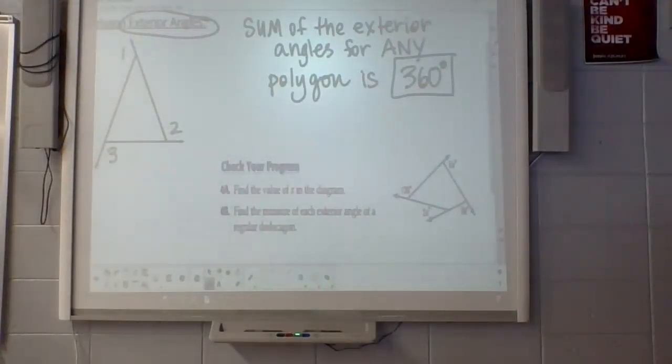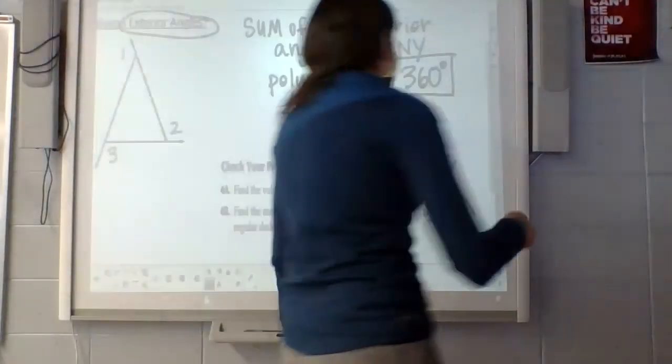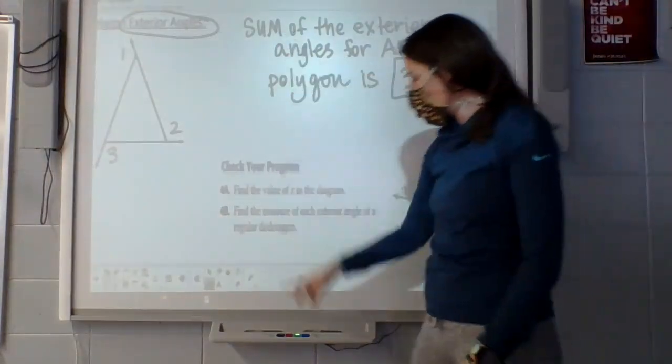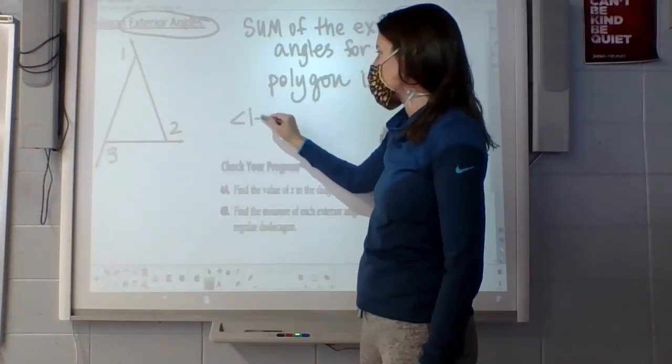There's no formula for this. The sum of the exterior angles for any polygon, 3 sides all the way up to an infinite number of sides, is 360 degrees. So angle 1 plus angle 2 plus angle 3 in this case would add to 360.